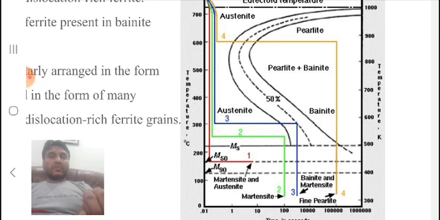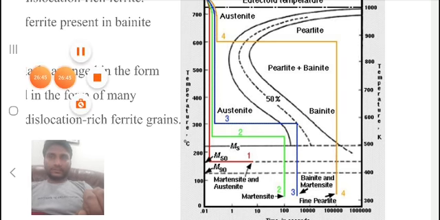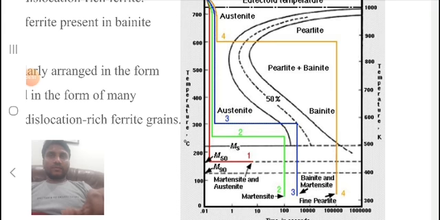Sorbite is a very fine structure of perlite called dispersed perlite, and at 650 to 600 degrees centigrade a further dispersed microstructure called trustite is observed.